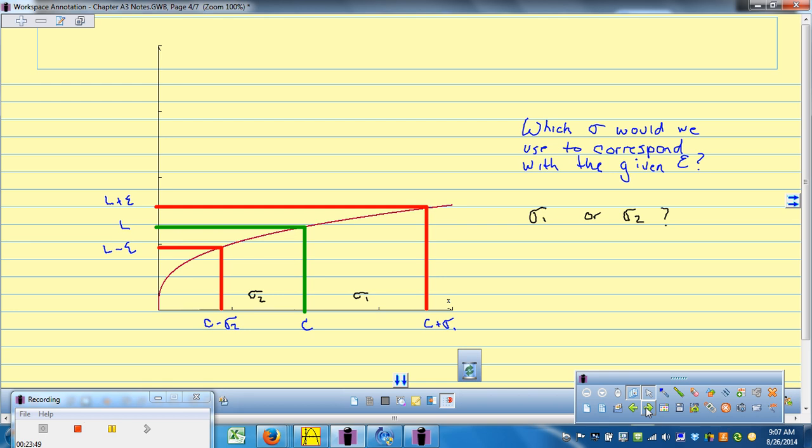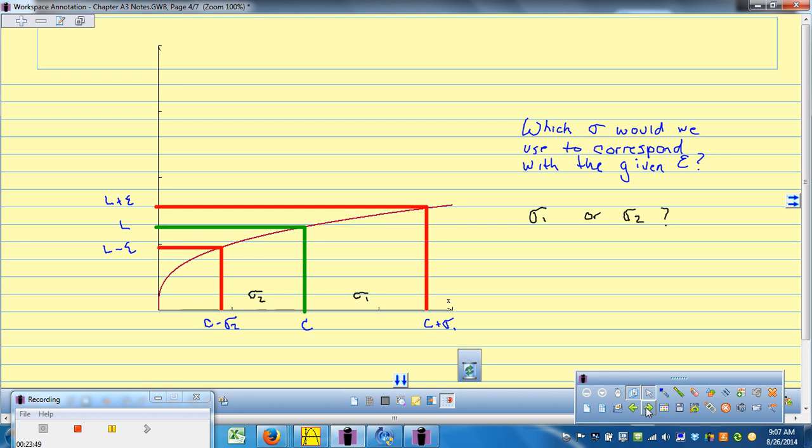So this is one of my deltas. I call it delta 1. When I go down epsilon and come over to the function and come down, then it ends up here. So this distance here I call delta 2. All right? So there should exist some delta such that if I stay within that distance of c, I go up and over, I stay in the red zone for the epsilon.